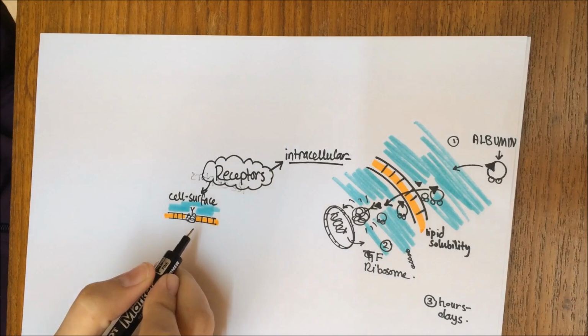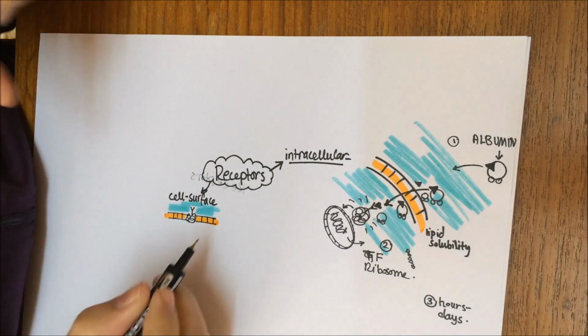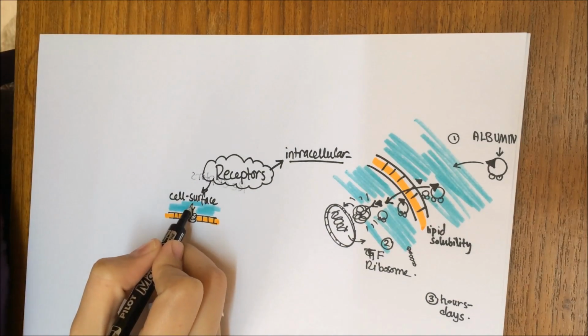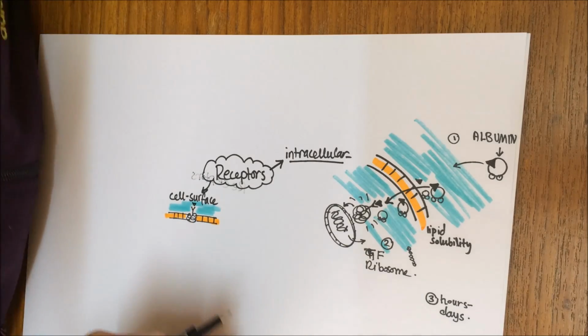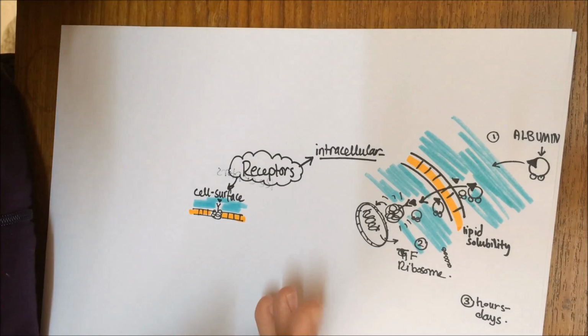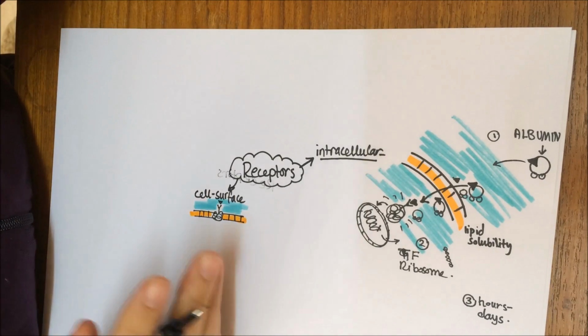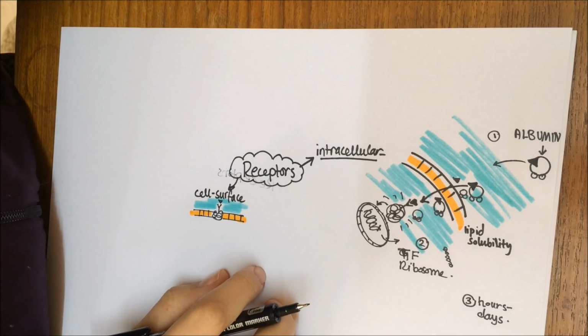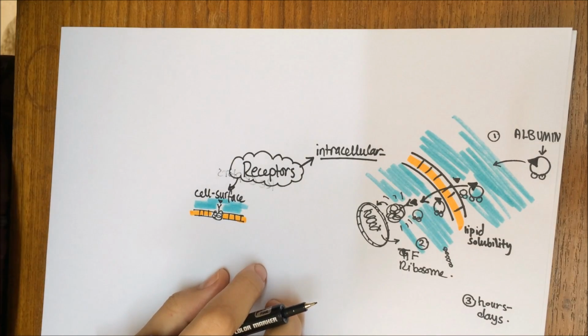It does not have to cross the lipid bilayer, so it can just come and bind here. So the ligands usually are hydrophilic.